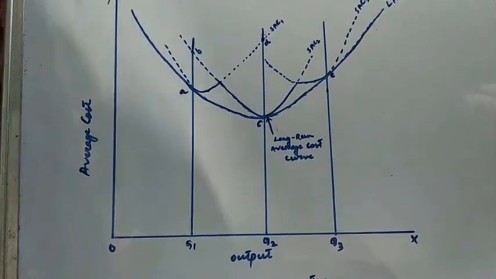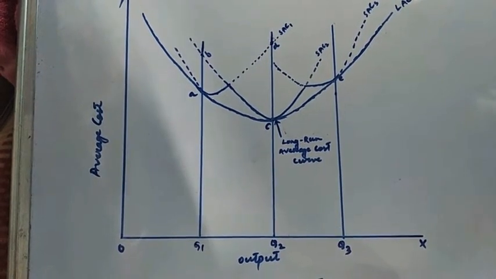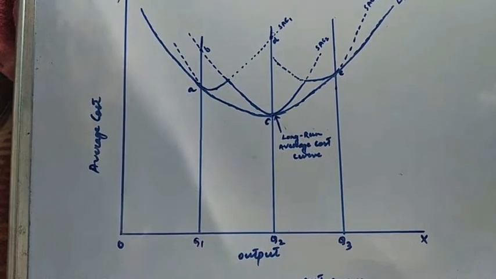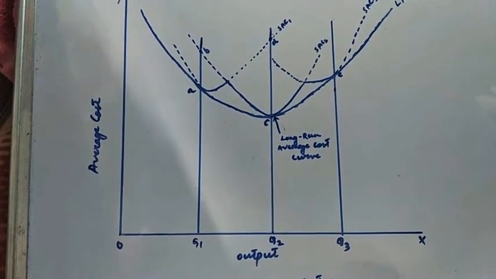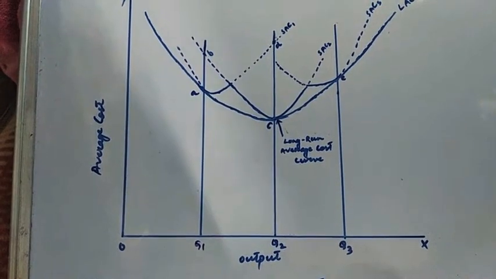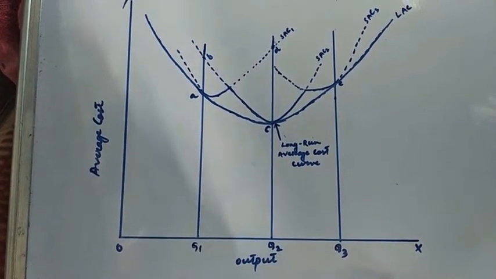So the long run average cost of production is nothing but the least possible unit cost of production at any given level of output when all inputs are variable, including the size of the plant.